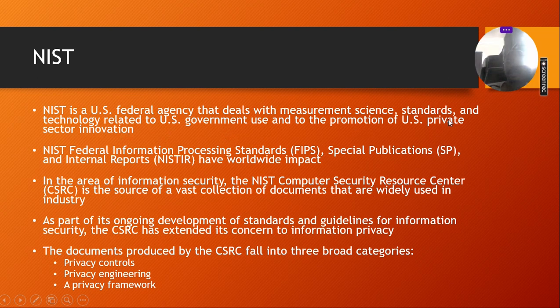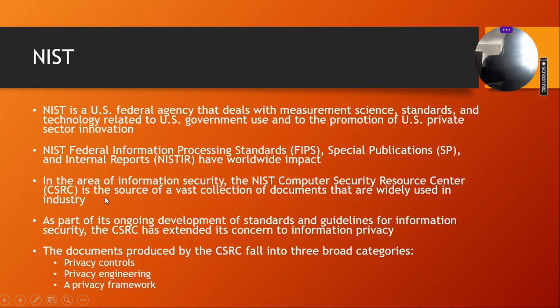It is responsible for how the government gets involved in your innovations. NIST has a subsection called the Federal Information Processing Standards. They carry out special publications, and they also carry out internal reports and have worldwide impact assessments as well. So these are the works they do.